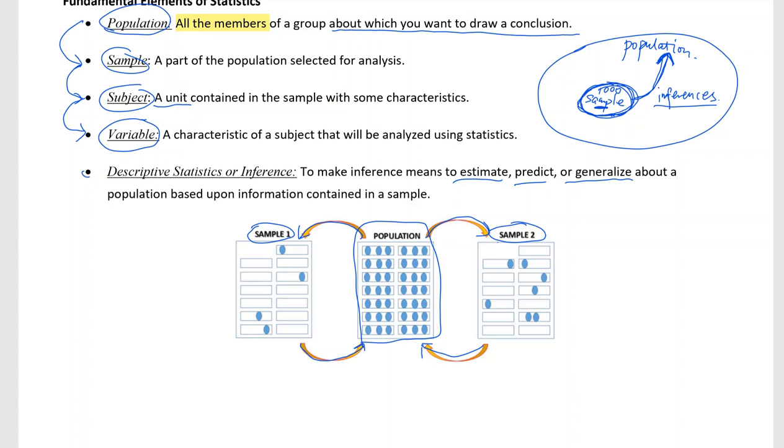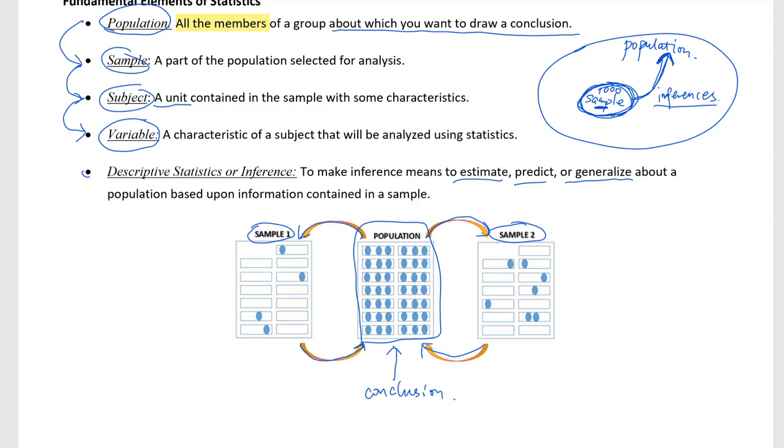Actually you can have many samples, but you can only have one population, because you only have one population you are making conclusions about. But you cannot just collect all information about the population.